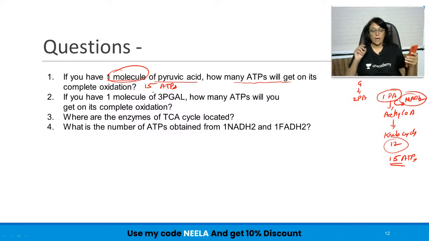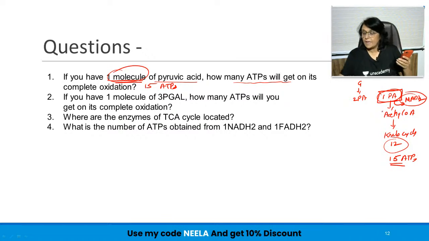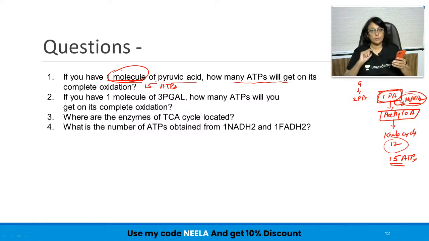Okay, see, our question is: when 1 molecule of pyruvic acid is completely broken down aerobically, how many ATPs will we get? 1 pyruvic acid you are starting with. If it has to enter Krebs cycle, then it has to undergo that link reaction to form acetyl coenzyme A. And during this link reaction, 1 NADH2 will be produced, right? And that means it is going to give you 3 ATPs later on.